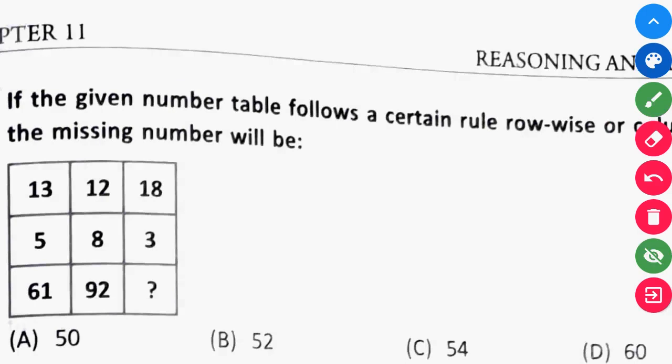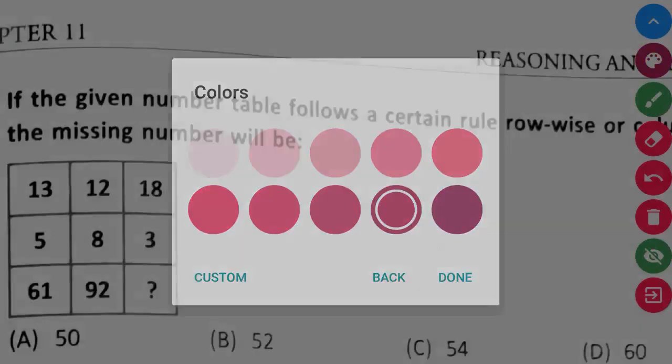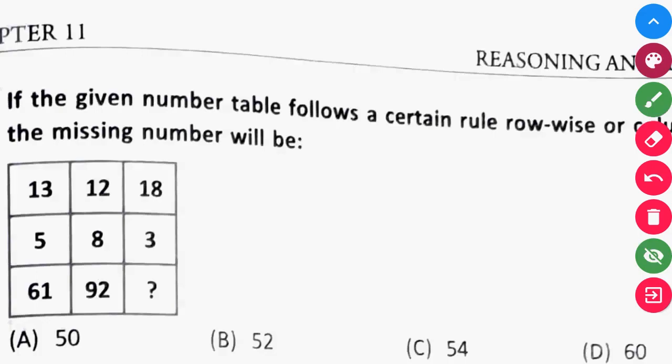Now see, in the second example, one table is there and a question mark is there for one missing number. So some pattern is there row-wise or column-wise, not fixed. So you first check the rows 13, 12, 18. Can we see any connection between 13, 12 and 18, if they come in any number's table, or if there is a difference between two of these numbers which gives us the third number?